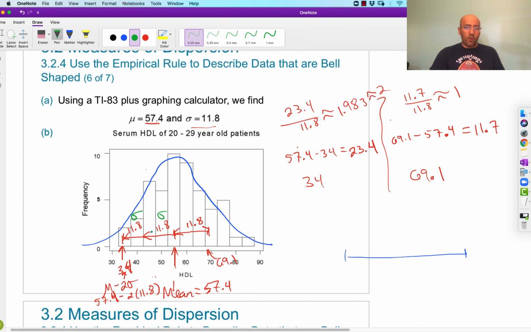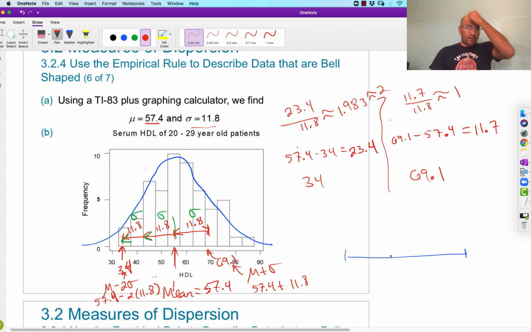So I went 2 sigmas this way, and then if I go in this direction from the mean, I go 1 sigma. In other words, this guy is approximately equal to mu plus a sigma, approximately equal to 57.4 plus 11.8. Close, right? Again, not exactly, but pretty close.